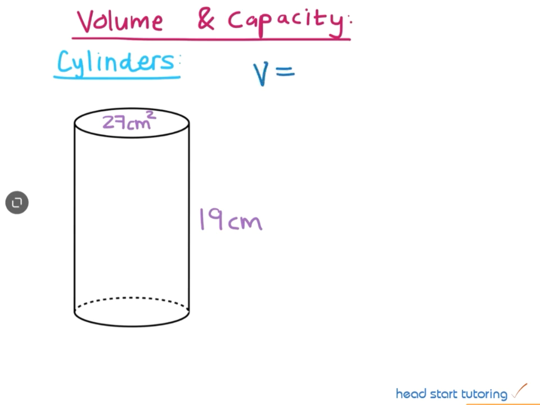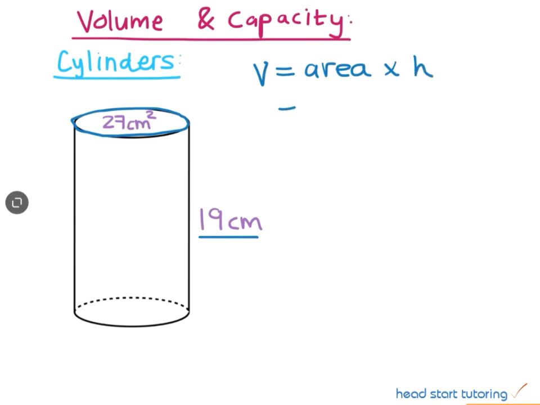If we would like to have a look at another cylinder that has an area of 27 centimeters squared and a height of 19 centimeters, what we need to do is multiply our area of the cross section by our height, which is 19 centimeters. Let's just put our formula down first.